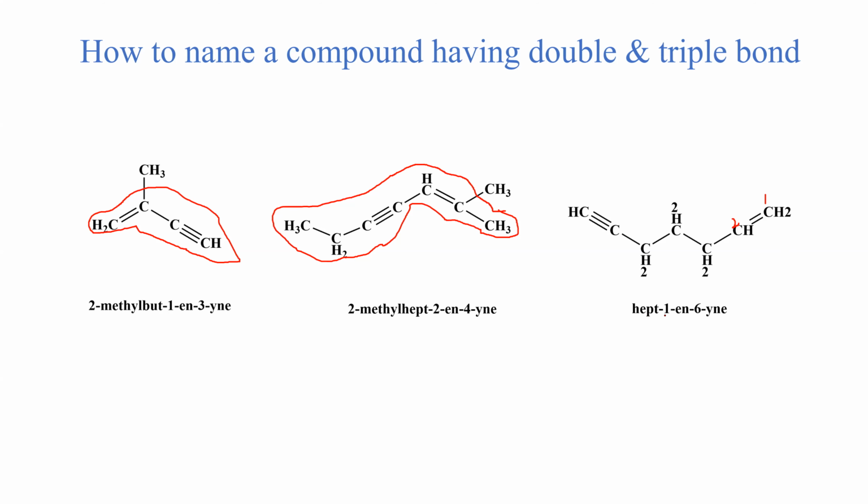So hept-1 is for mentioning the double bond position, en, then 6 is for mentioning the position of the triple bond. So this is the 6th carbon, right? And this is the 7th carbon. So this is the 6-yne.